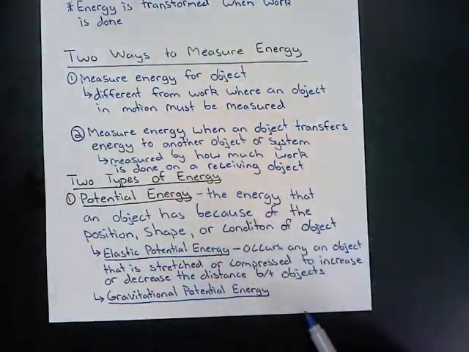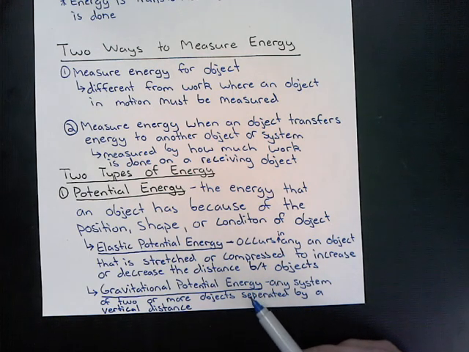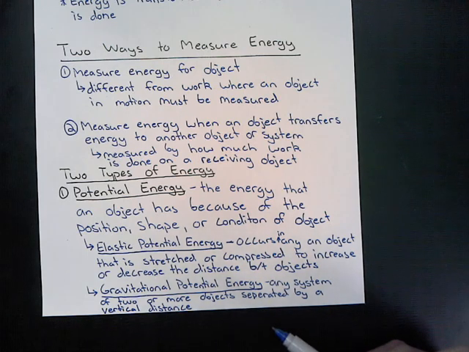Now, I'm going to pause the video and write that definition down. All right, there is that definition, and I know I didn't give it a whole lot of space there, but we have a formula for gravitational potential energy, which we will talk about here in a second.